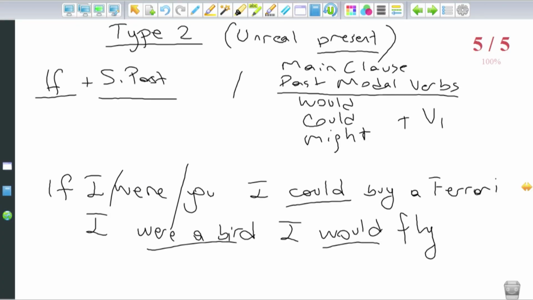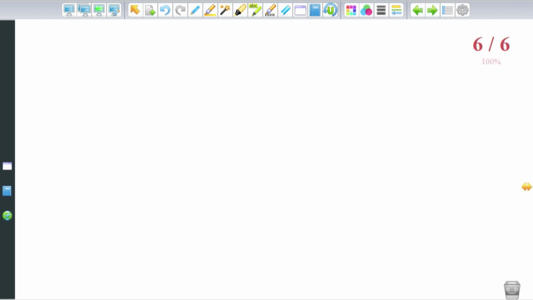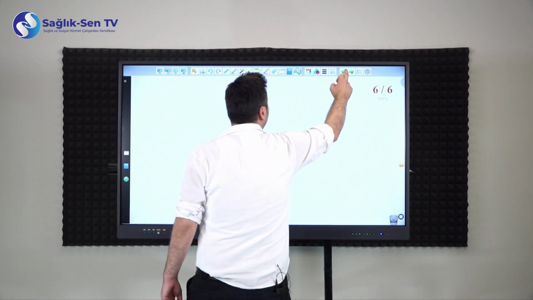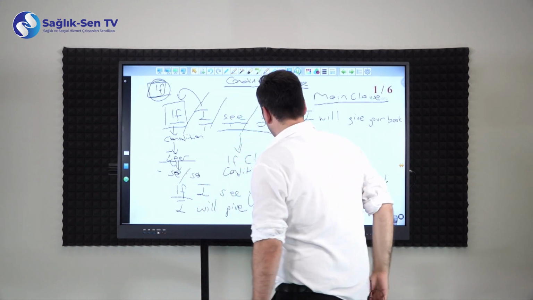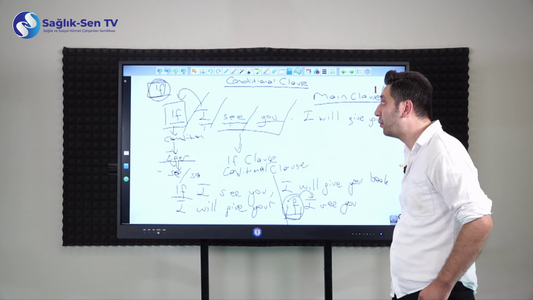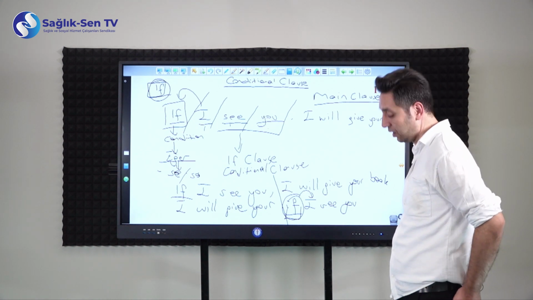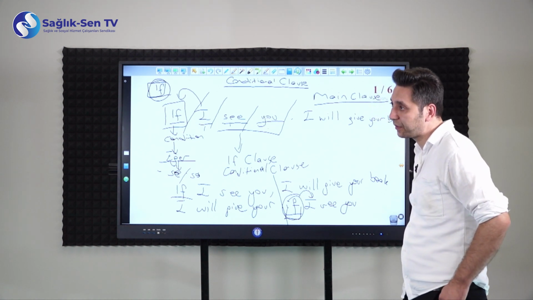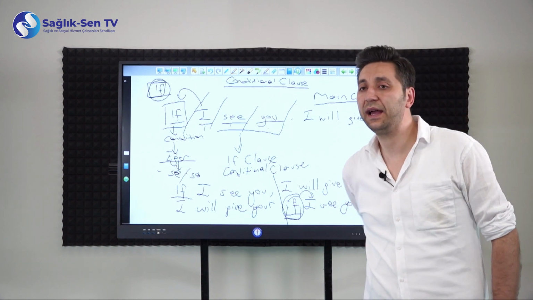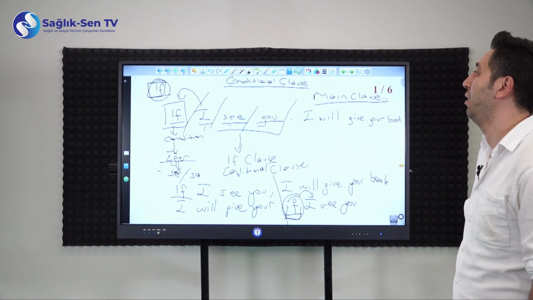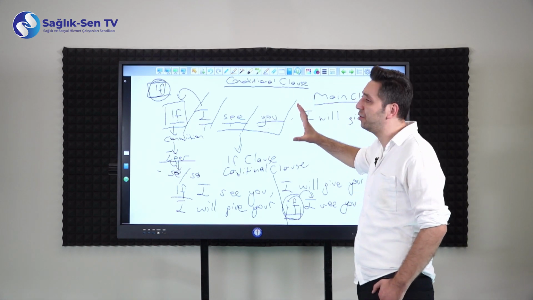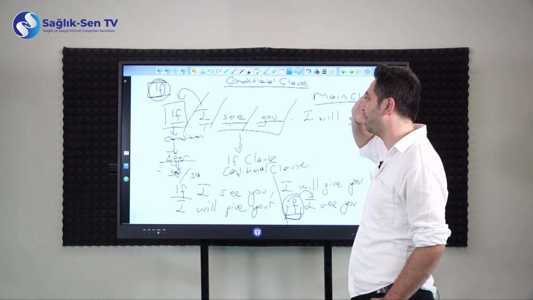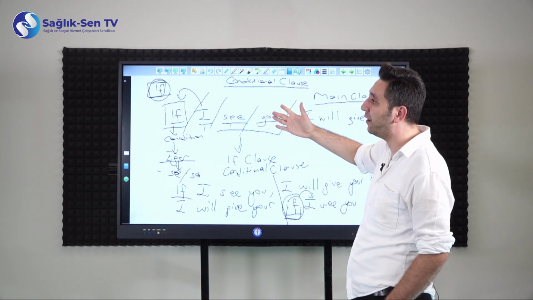So, let's check it from the beginning. Then we'll make some sentences by using if clauses. It's very important to check them. And when we use conditional clause, at first we have to use if.